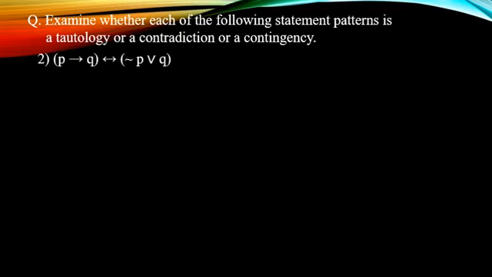Next, the second statement pattern is P implies Q, double implies negation P or negation Q. This statement pattern contains two prime components P and Q and 4 logical connectives.